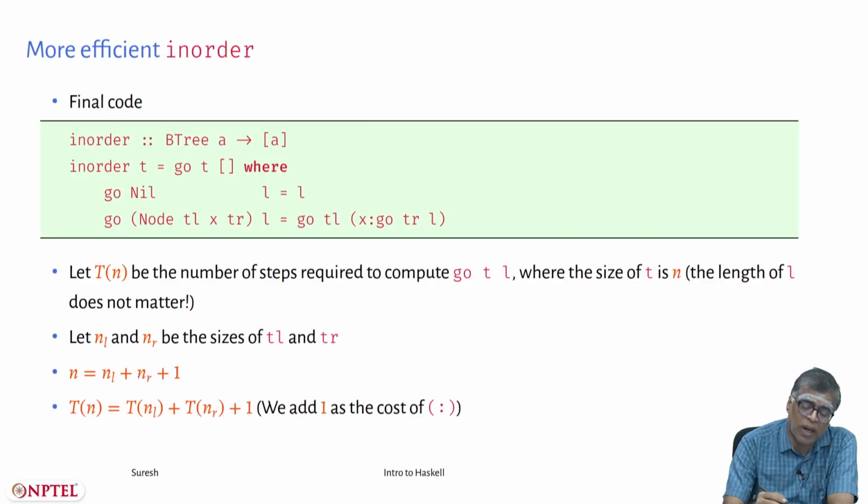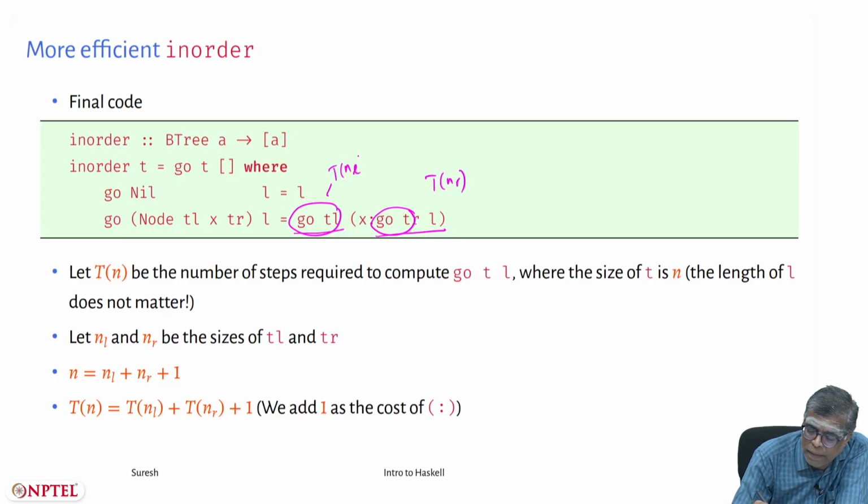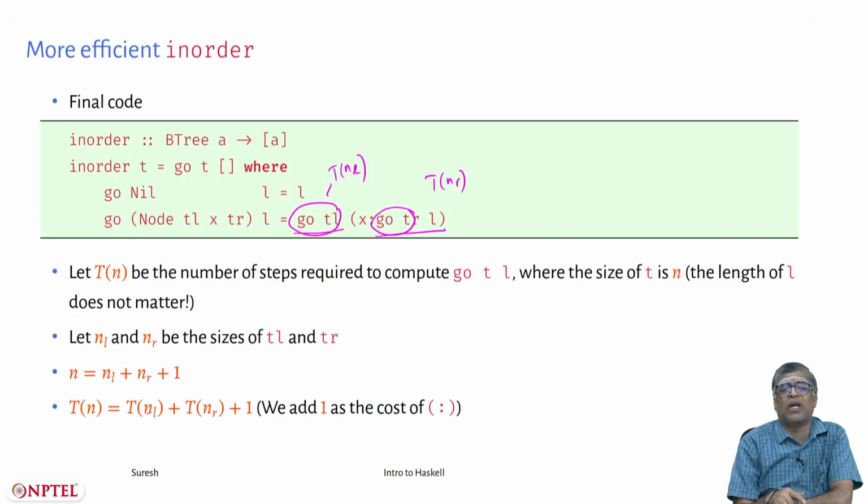Tn is T NL, because you have to do go TL for some list, the size of that list does not matter. You have to do go TR for L. So this call of go will take T NR time, this call of go will take time T NL. So you have T NL plus T NR plus 1, where 1 is the cost of adding colon, and that's basically it.